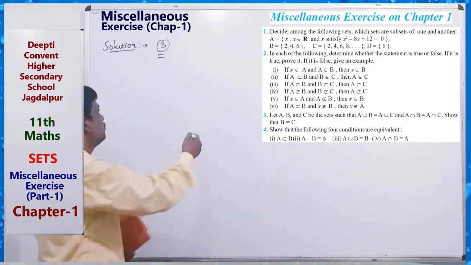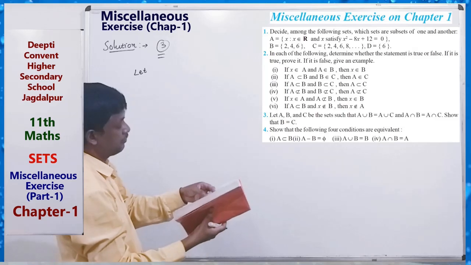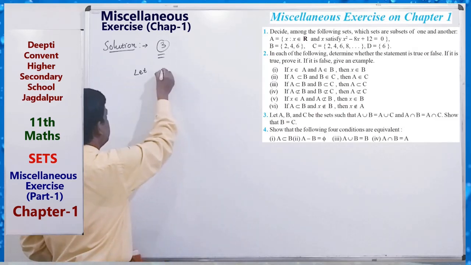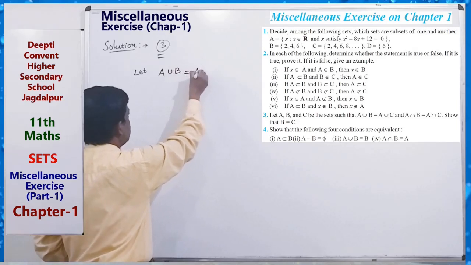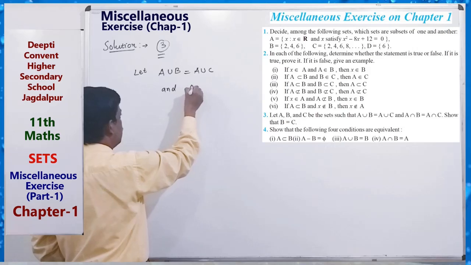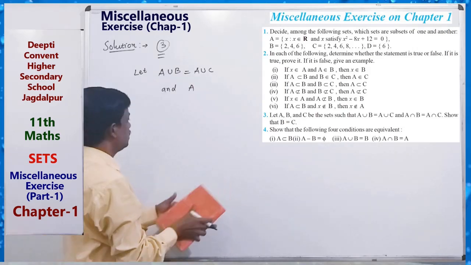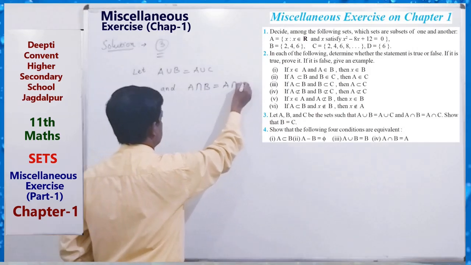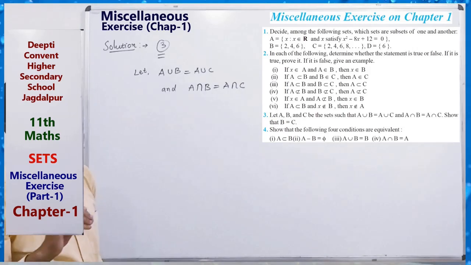So you can prove. Let A union B equal A union C and A intersection B equal A intersection C. Let this be given.